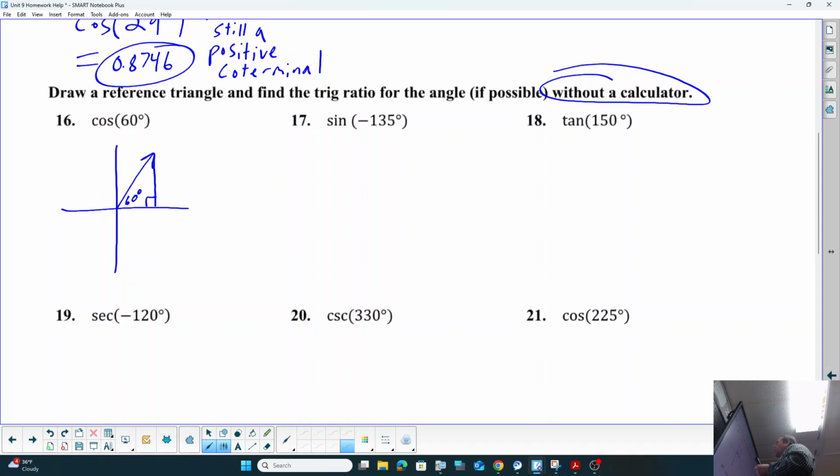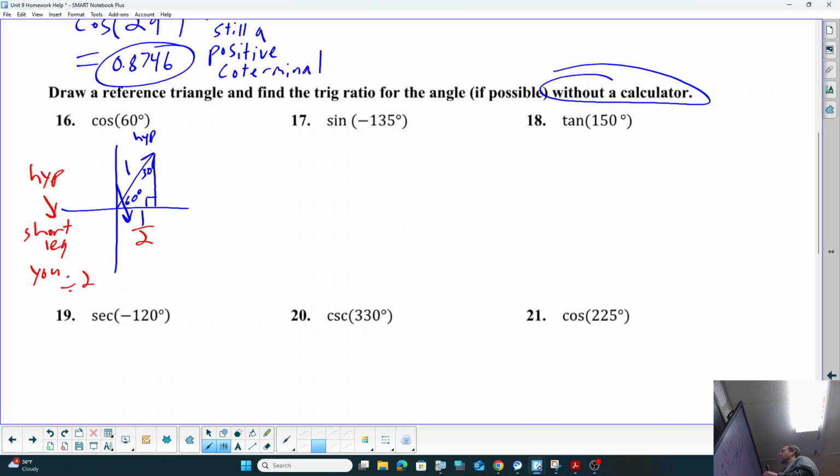We know with the 30, 60, 90 right triangle that our hypotenuse is 1. Then we go from our hypotenuse to the short leg by dividing by 2. So we take our 1 and divide by 2. Remember, from hypotenuse to the short leg, you divide by 2.